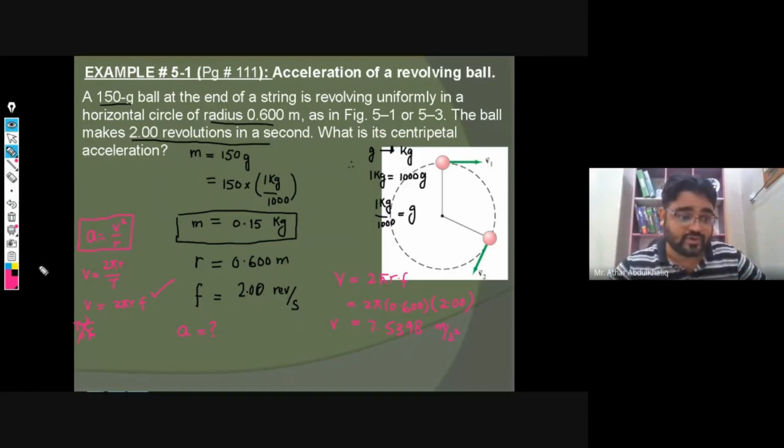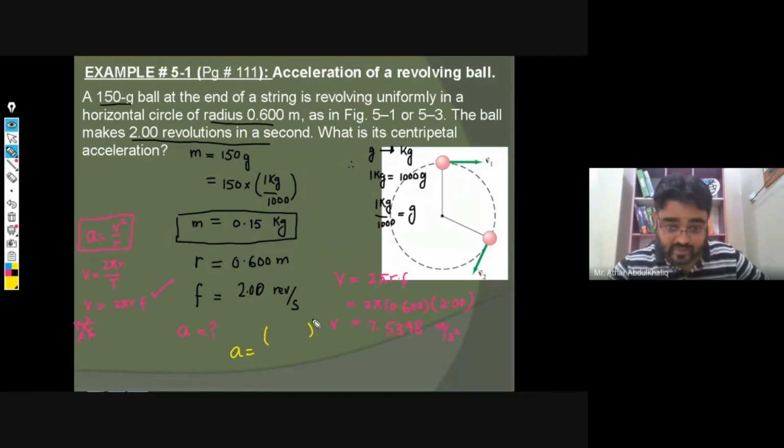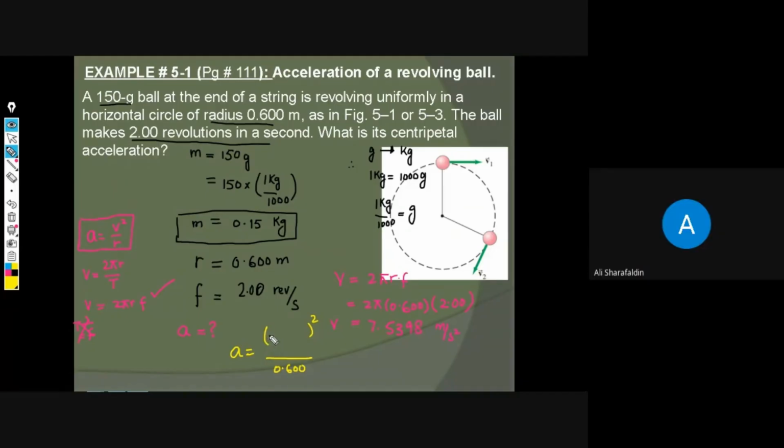Now I'm going to find A. To find A, V square over R. What was R? 0.6. And what is V? V is 7.5398.